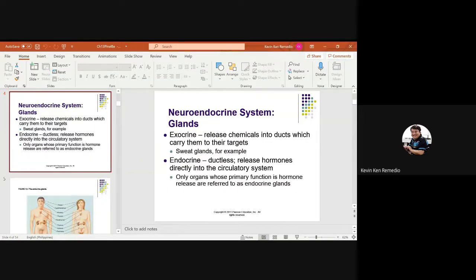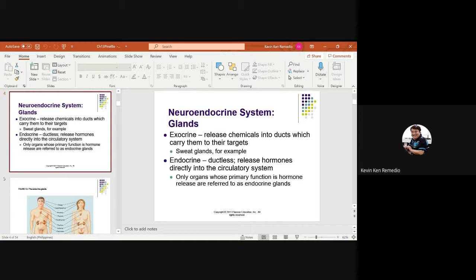Now, one of the most important systems in our body that manages and coordinates the functions of the different glands that produce the different hormones in our body is what we call the neuroendocrine system.